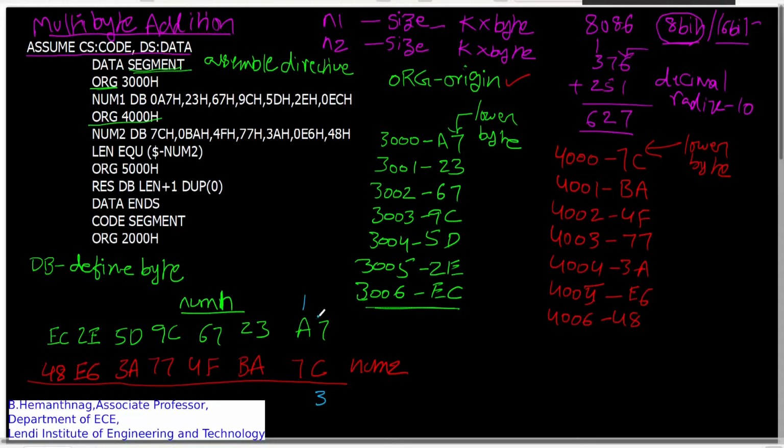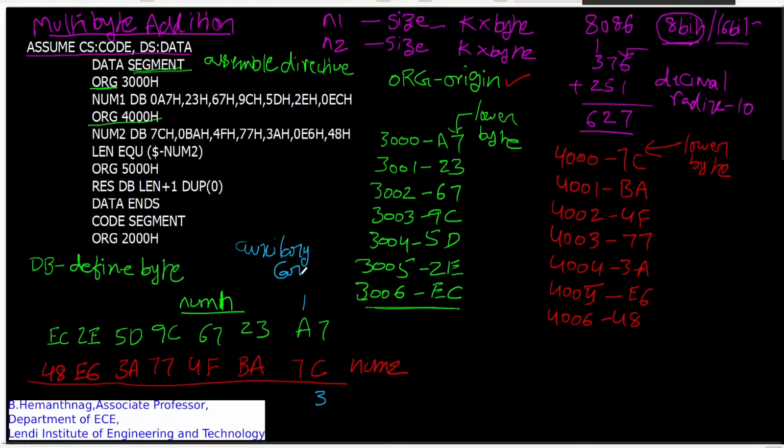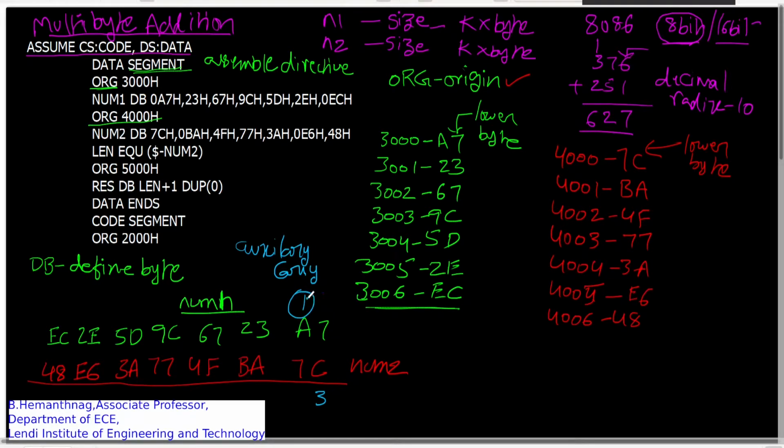Now this is the carry from the lower 4 bits to the higher 4 bits. So this is called the auxiliary carry. It is the carry from lower 4 bits to the higher 4 bits in the 8-bit addition. That is why it is called the auxiliary carry. Now we'll be adding A, which is 10, 7 and this auxiliary carry of 1.